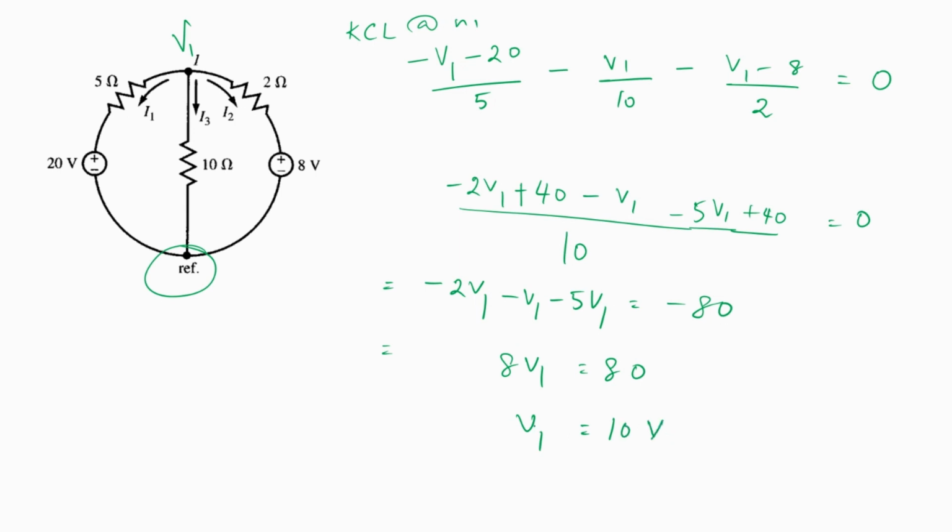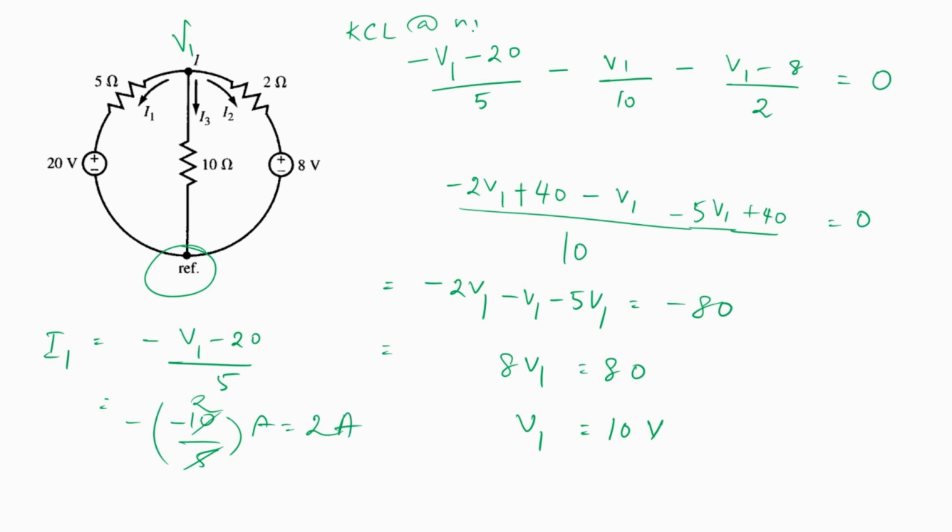If we know that V1 is 10 volts, what is I1 going to be? I1 is nothing but minus of (V1 minus 20) by 5, which is minus of (10 minus 20), which is minus 10 by 5 amps, and you can cancel out the two minus signs and we get 2 amps.